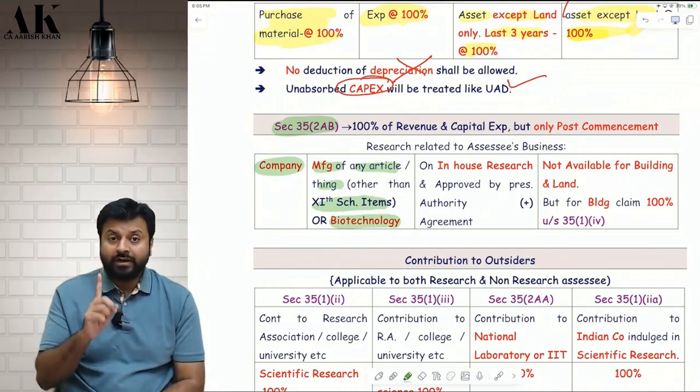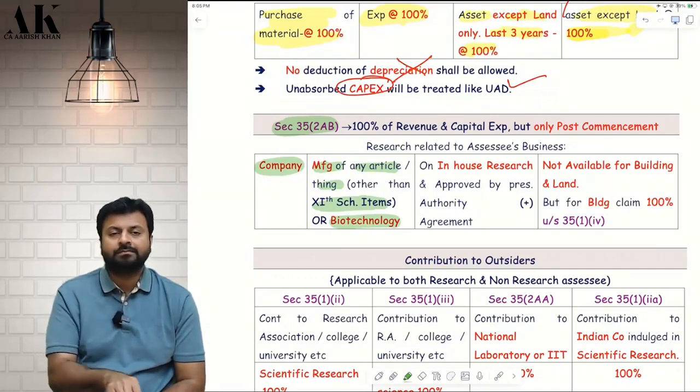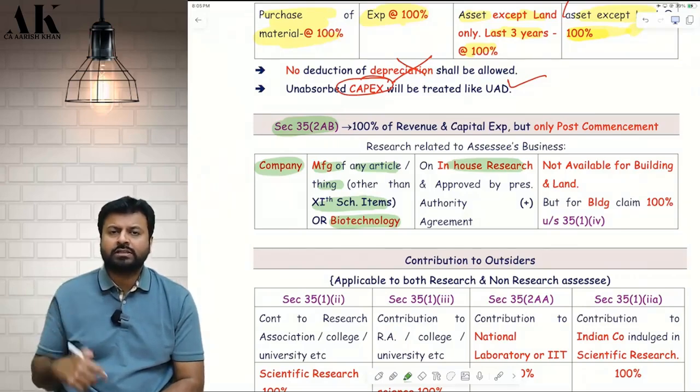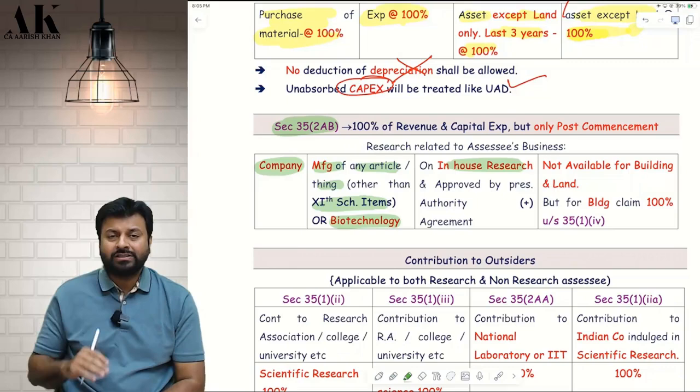So there are a lot of conditions in this section. First, you should be a company. Second, you should be a manufacturer or in biotechnology. Third, you should do in-house research. In-house research means you cannot outsource the research to anybody. You should do the research yourself. You cannot give that research to somebody else to do.